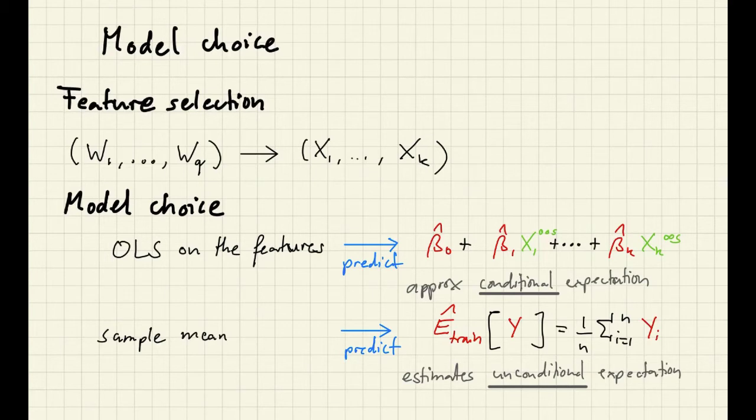OLS regression on k features will estimate k plus 1 coefficients, whereas the sample mean estimates only one coefficient, the sample mean. So this makes it so that the sample mean is typically estimated with very low variance, and OLS is estimated with a lot higher variance. On the other hand, OLS can use information that is observed to bring down the bias, and the sample mean cannot.